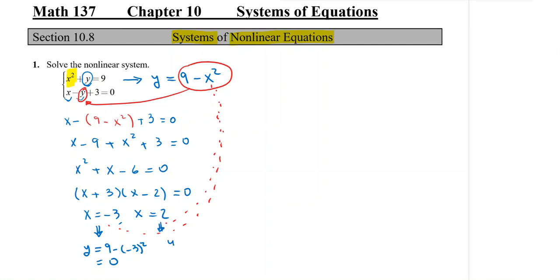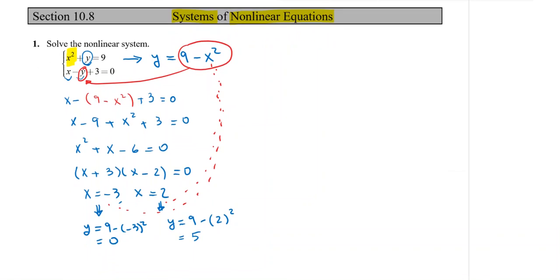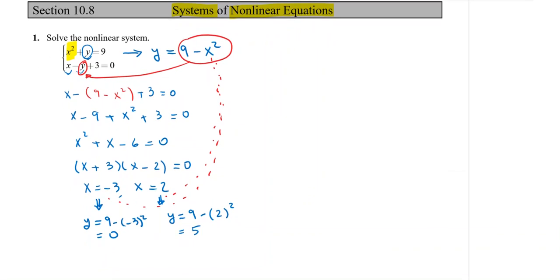When x is 2, y is 9 minus 2 squared, which is 5. As before, we always want to write our solutions to a system as ordered pairs. So our solutions are negative 3 is paired with 0, and 2 is paired with 5.